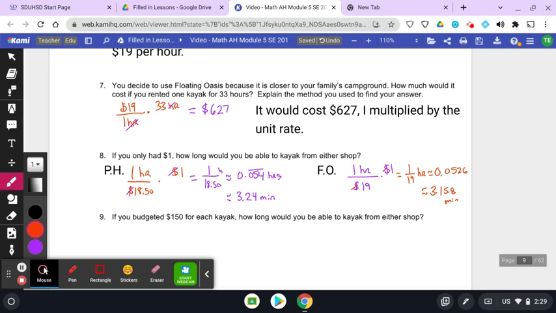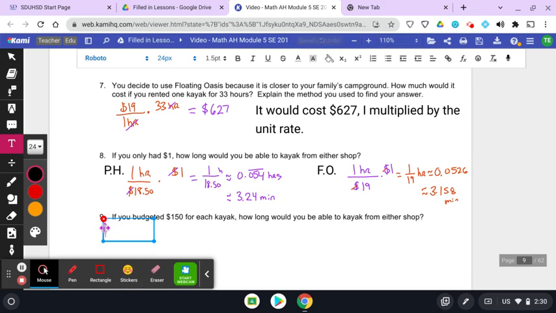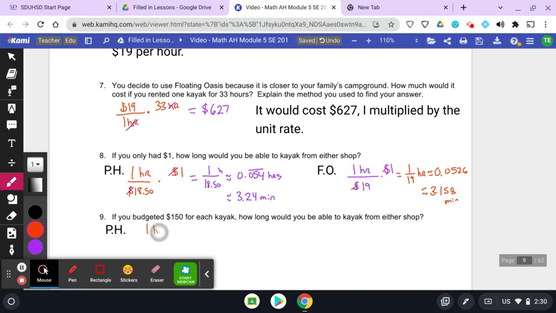If you budgeted $150 for each kayak, how long would you be able to kayak at either shop? Again, we want to start the same way, except instead of putting $1 here, we're going to put 150. Same type of work. The rate is 1 hour costs $18.50. I've got $150 to spend. My dollars are going to cancel out.